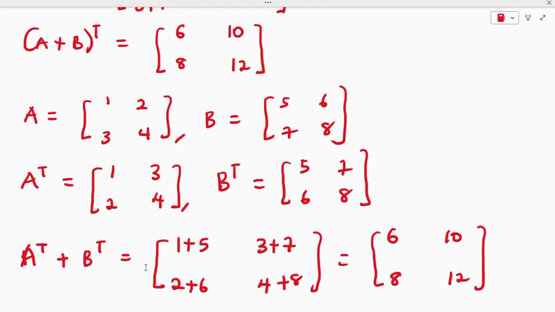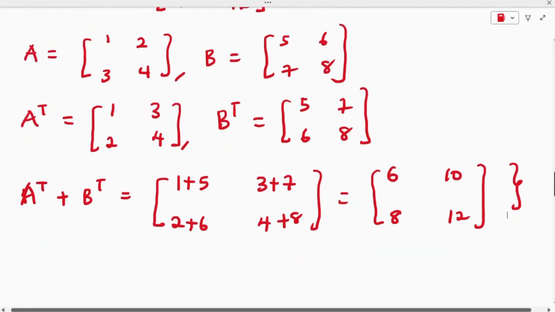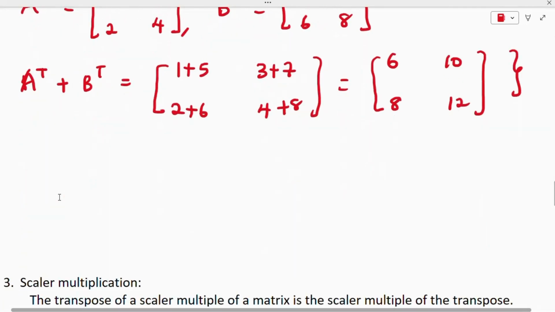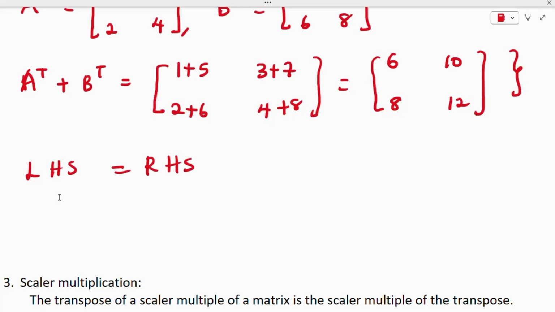So we have, this is the first one right here, and this is the second one. See, for (A plus B) transpose, we have 6, 10, 8, 12, and for A transpose plus B transpose, we're able to have 6, 10, 8, 12. So from here, we can easily state that the left hand side is equal to the right hand side. So this property of a sum holds.